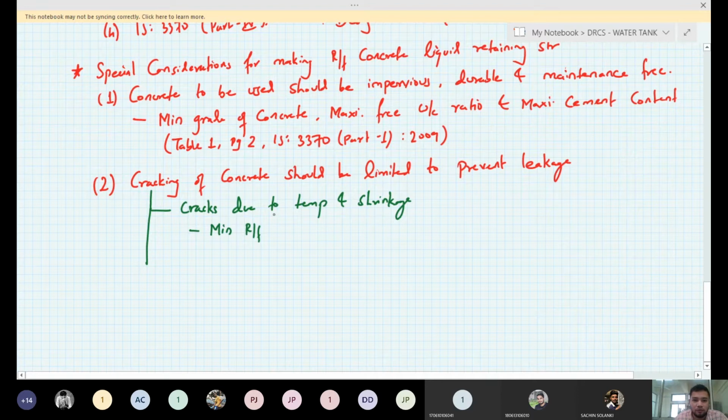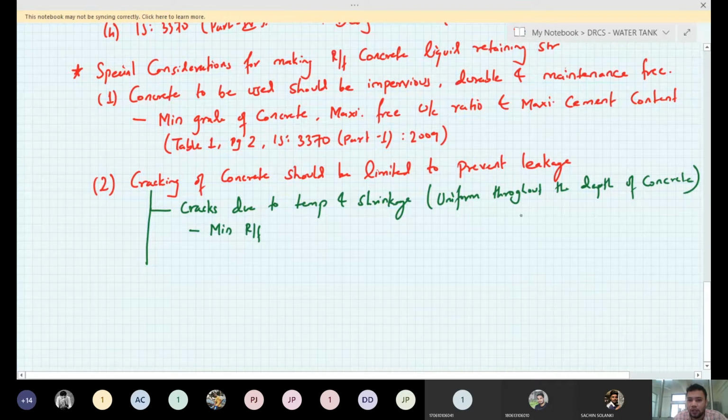So minimum steel requirement will take care of the cracking due to temperature and shrinkage. And these cracks, they are uniform throughout the depth of concrete.